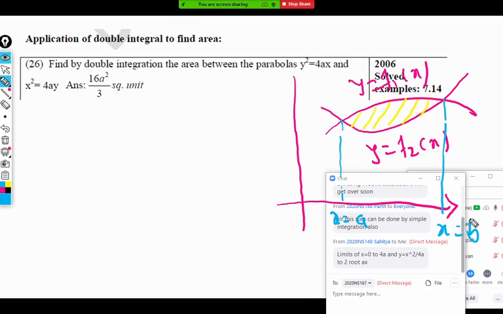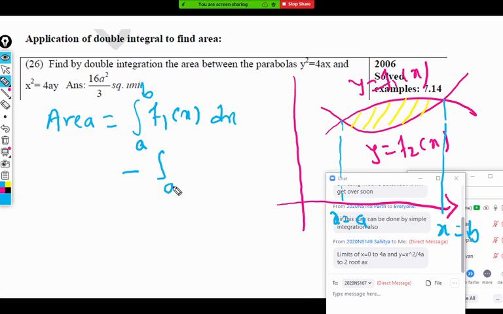So in 12th, you can calculate the area by this formula. First we find the area under the upper curve, so integration of f1 dx from a to b, minus integration from a to b of f2(x) dx, that is the area under the lower curve. If you subtract the area under the lower curve from the upper curve, we get the required area.